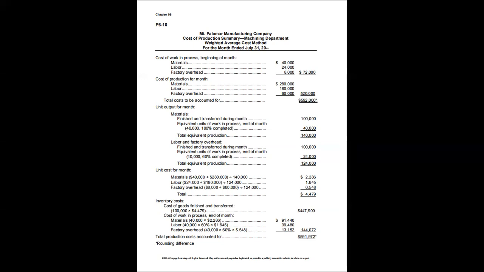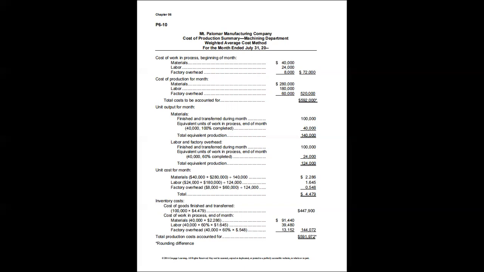Units completed and transferred to finished goods 100,000. Units in process on July 31, all materials, 60% of labor and overhead, 40,000.